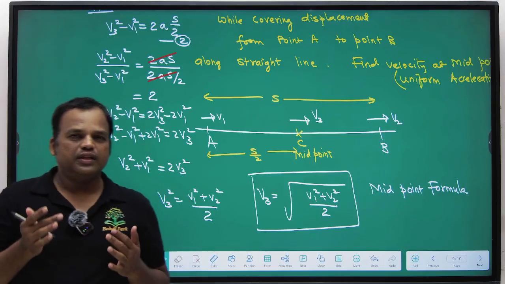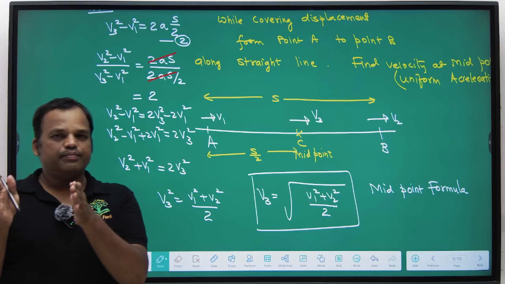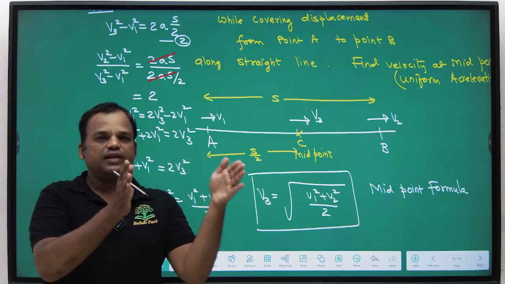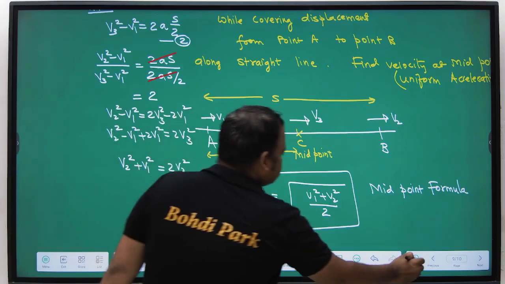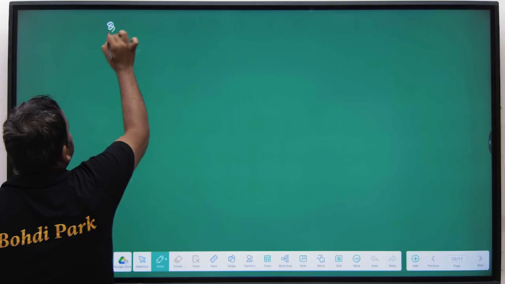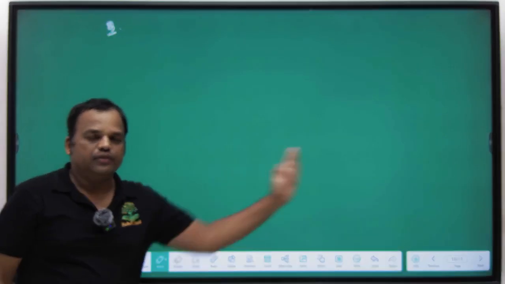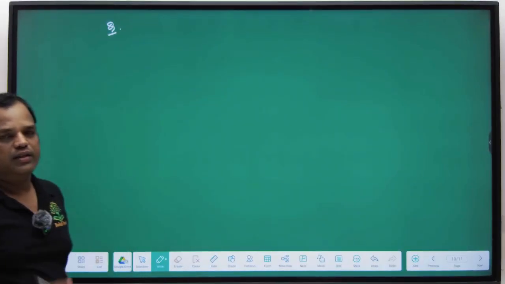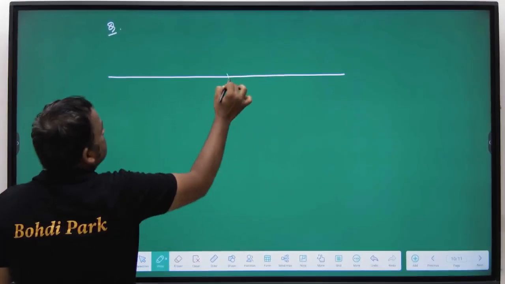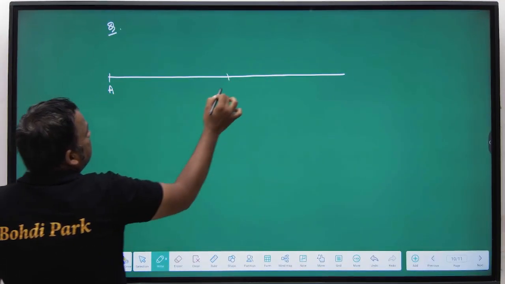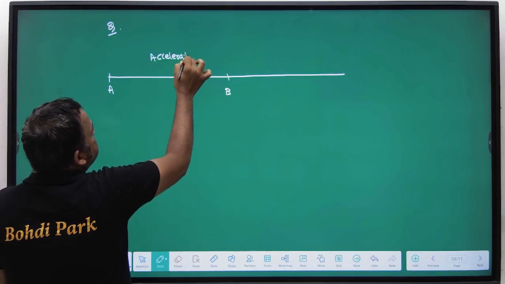So first let's do the motion in which first part is acceleration and second part is uniform motion. So directly I am drawing the route or the path followed by the car. A to B, the car is accelerating. So acceleration is there.